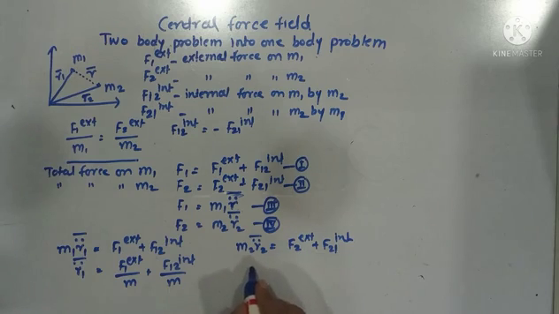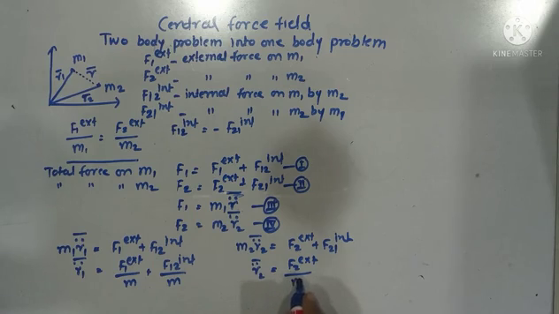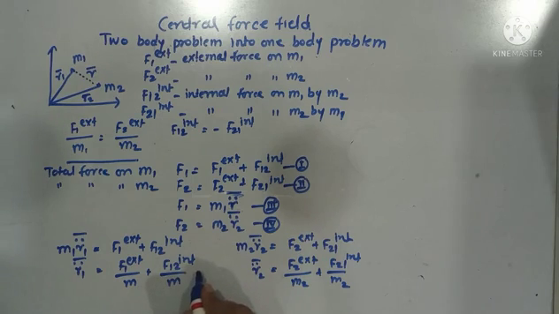Dividing the equation by M2, R2 double dot is equal to F2 external upon M2 plus F21 internal upon M2. Let us give these equation numbers 5 and 6.